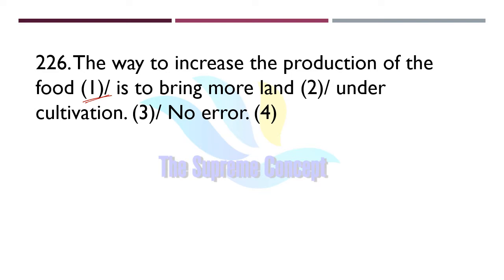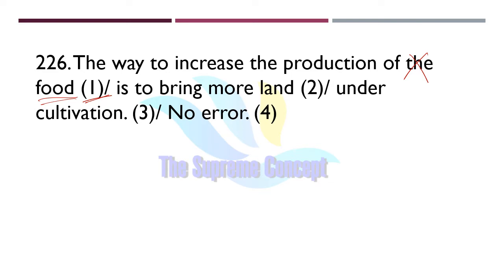So we will have to remove 'the' before food, because in general ideas, when we refer to general things like plural or uncountable nouns such as food, air, especially when we give a general idea of something, we do not use 'the', because we are not definite or certain about that particular thing.